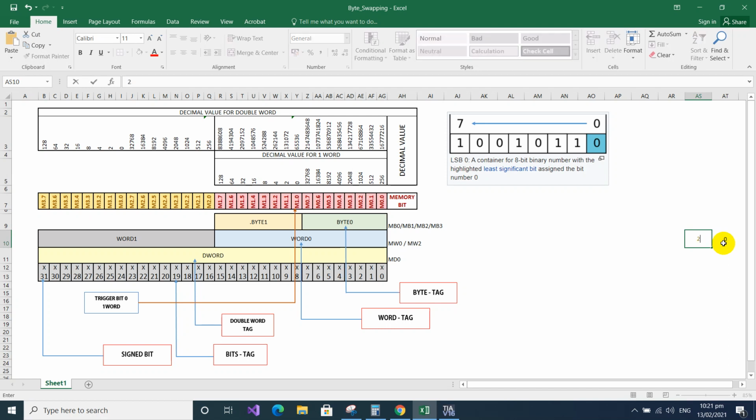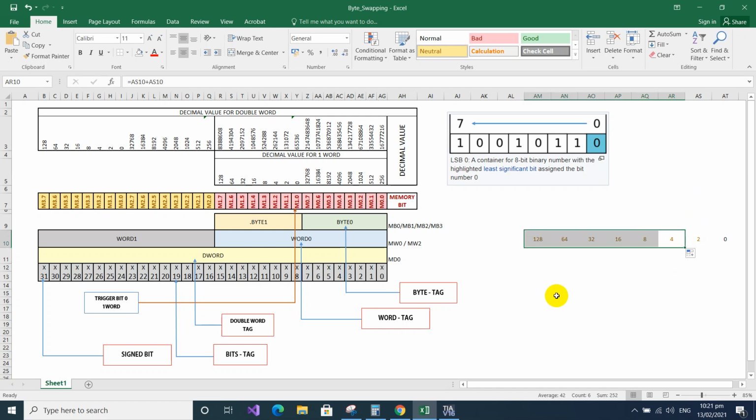So what I'm writing is the decimal value of the bit. Okay, so you'll just add that to itself, then that is the value.